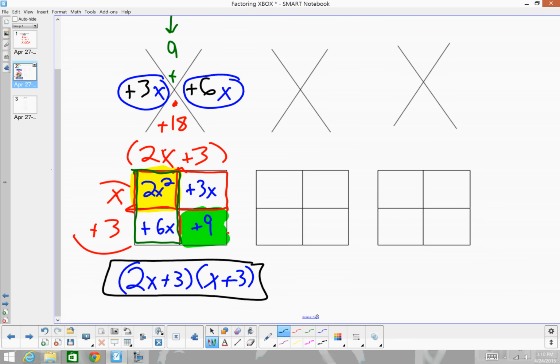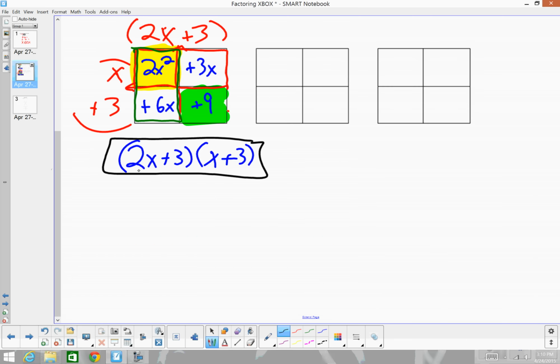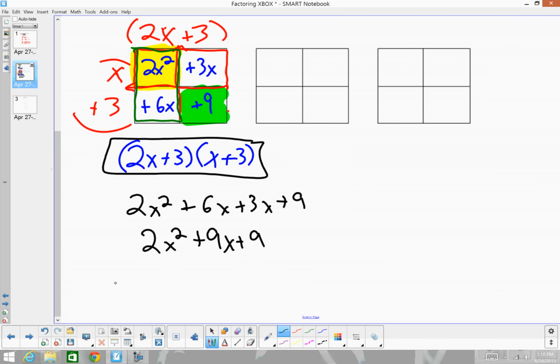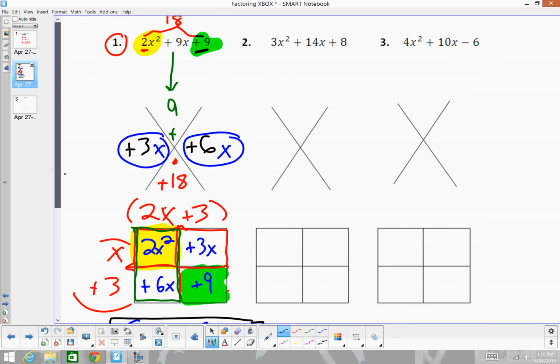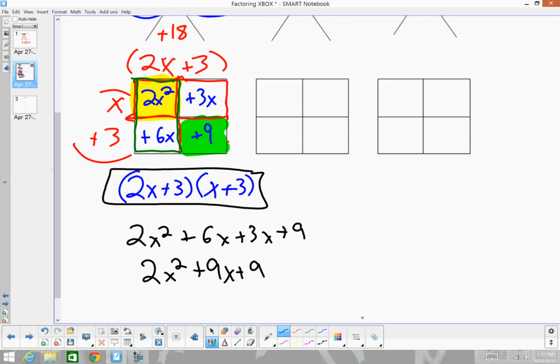So let's try that out. 2x times x is 2x squared. 2x times 3 is 6x. 3 times x is 3x. 3 times 3 is positive 9. Combine like terms: 2x squared plus 9x plus 9. Is that what we started with? Yes, it is. Awesome. So that is how you check your work.